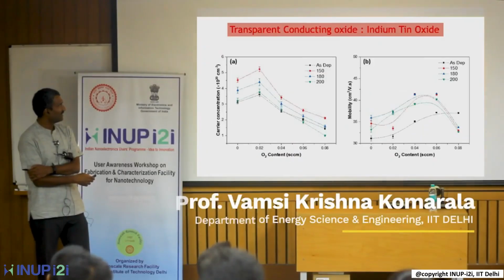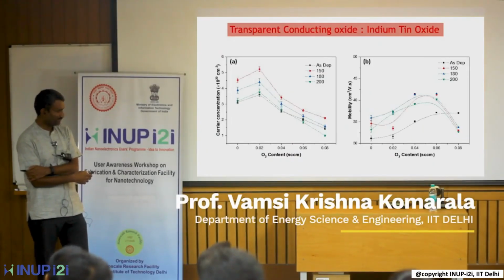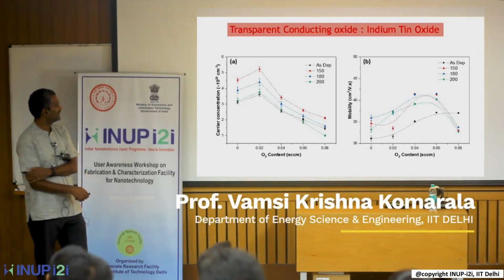Now you can see that after annealing you can have almost an atomic configuration. This is indium tin doped indium oxide film. This is the indium oxide. With a variation of the oxygen content in the indium oxide, because of the oxygen vacancies, you are going to have charge carriers, electrons, in it.